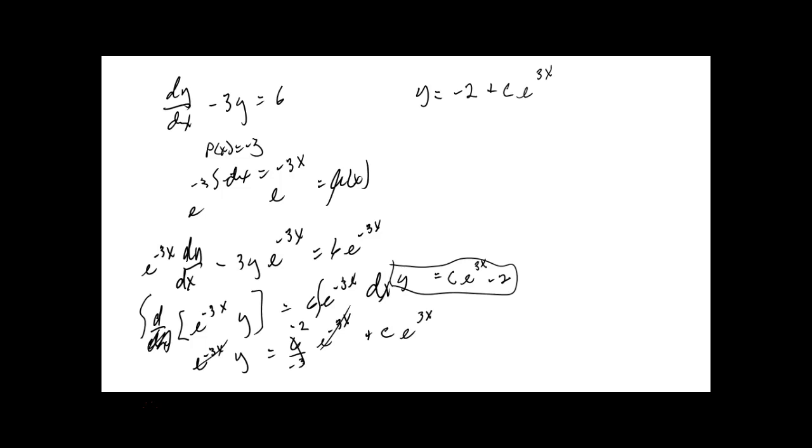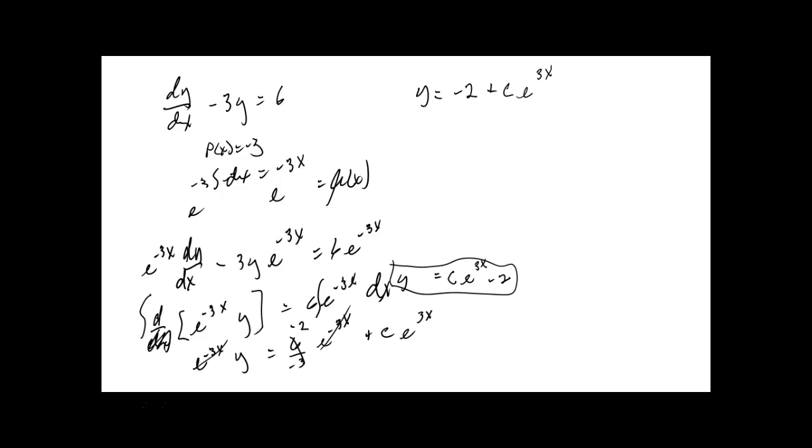And since it's a perfect derivative, then do your dx on the other side, and when you integrate that, you're integrating a derivative, fundamental theorem of calculus part 2. Integration and differentiation are inverse operations of each other. One undoes the other. So if you integrate a perfect derivative, you just get what's inside. E to the minus 3x times y.